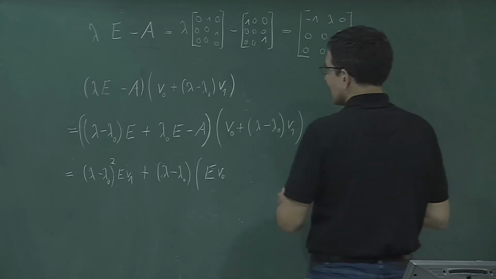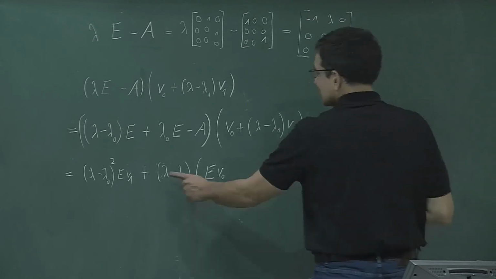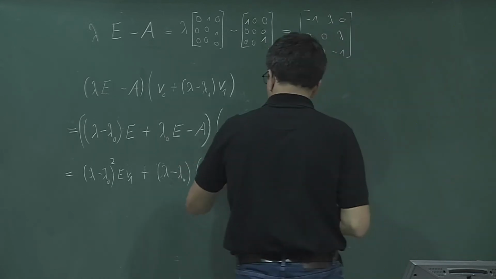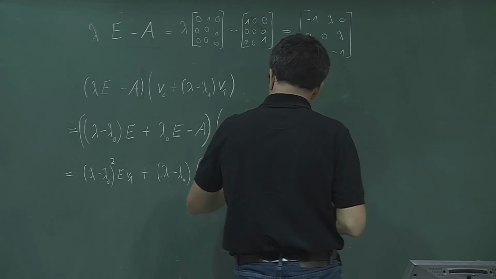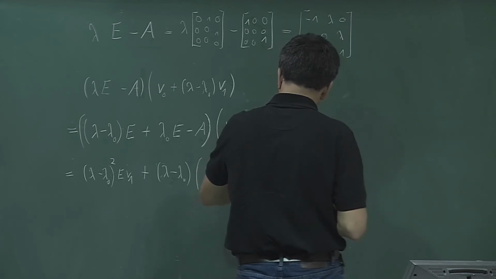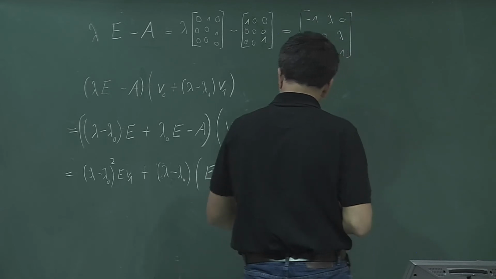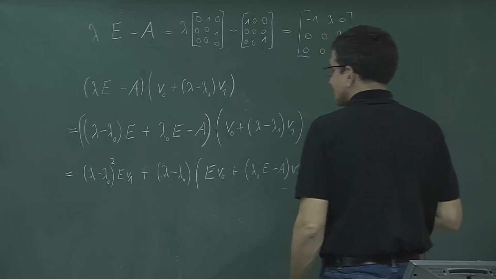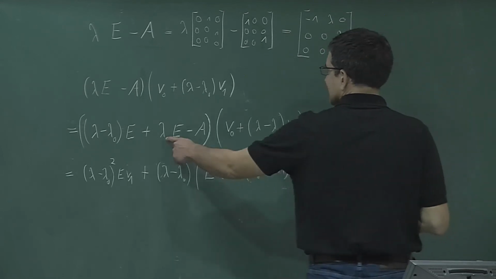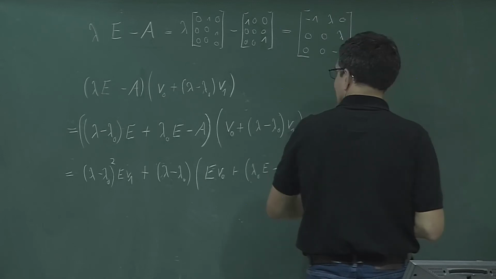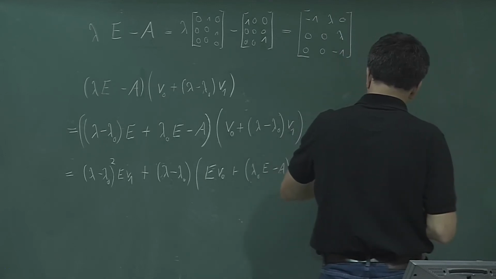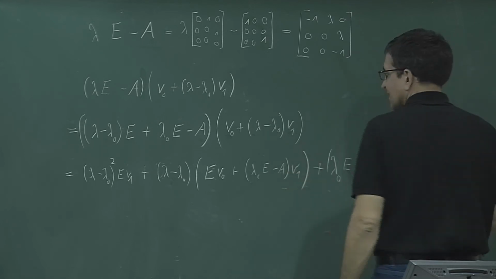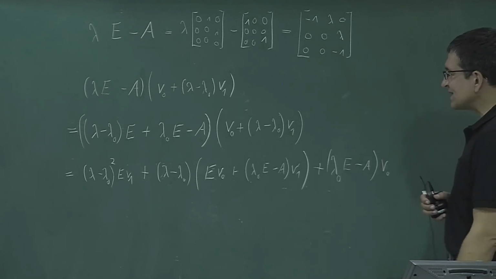So what is the other way we can get this factor? Just multiply this with this. Plus the constant term, lambda 0 times E minus A times v0. This is the product we get.